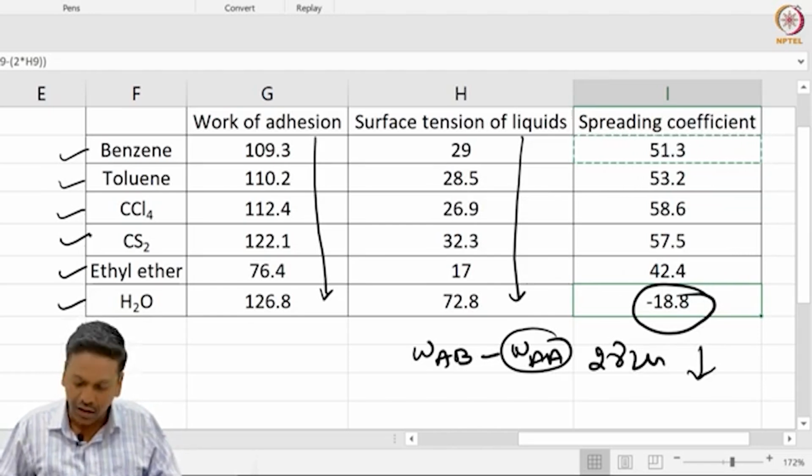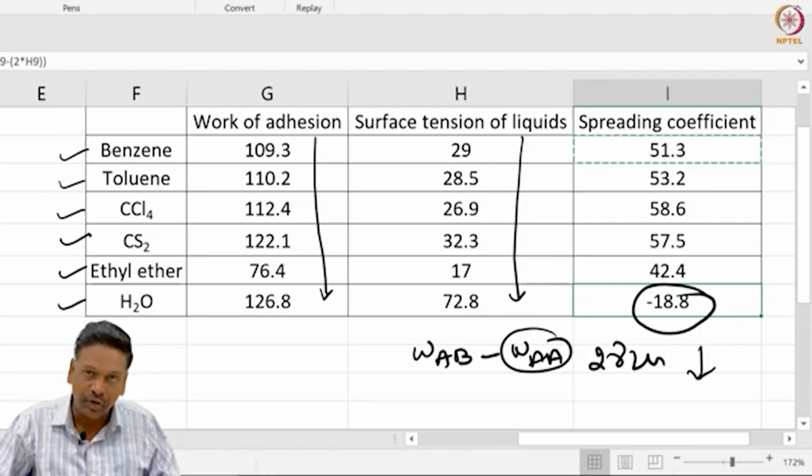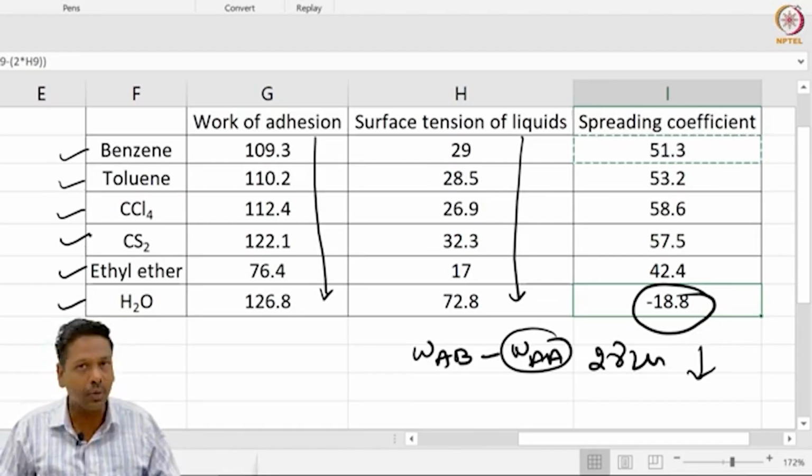That's why the carbon particle doesn't want to stay in the water phase. They went exclusively to the organic phase. In the rest of the cases, the spreading coefficient is highly positive. So it is justified that the observation made by the authors is correct. One can say that it is because of the high spreading coefficient that the carbon particle went exclusively to the organic phase.